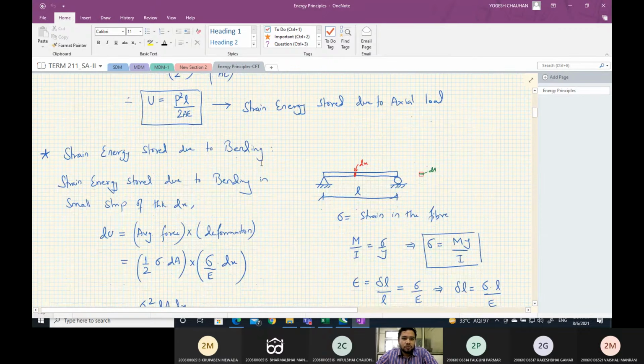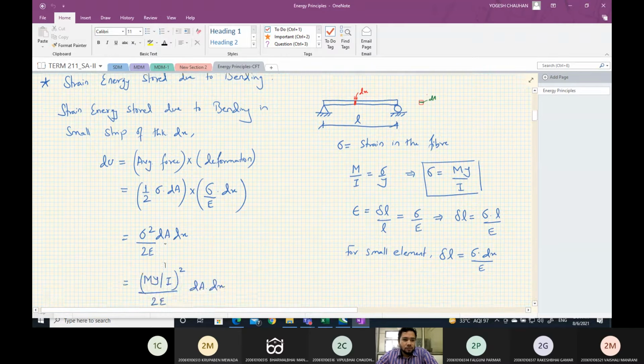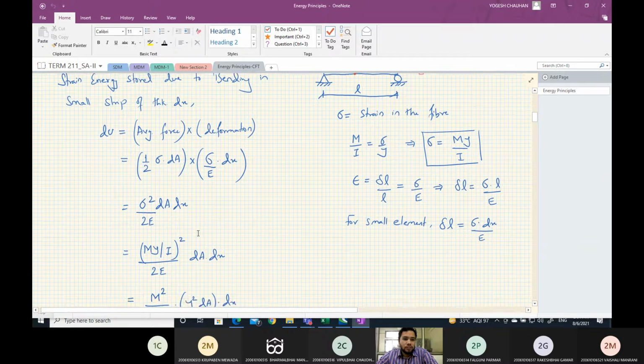Then we saw strain energy stored due to bending. That is equal to 1 by 2 sigma dA times the deformation. The deformation of the bar we can write in terms of stress as sigma by E into L. Here we are considering a small element whose length is dx, so your strain energy stored within this small element will be sigma square by 2E dA into dx.